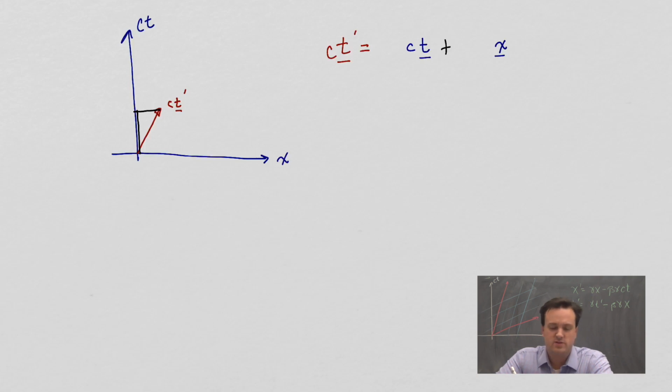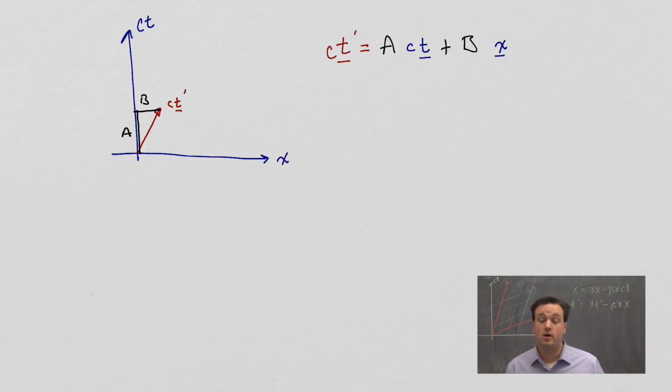So that I can think about it more algebraically, I'm going to call A, for now, the length of the vector in the CT direction in the unprimed frame, and B, the length of the vector in the X direction. And so CT prime is going to be A CT plus B times X, right? I'm writing the CT prime vector as something times T plus something times X, right? I'm building that vector in the unprimed frame.